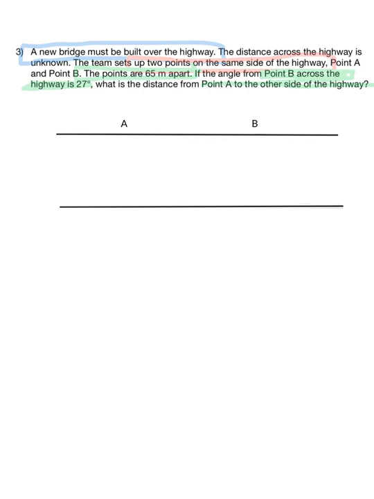Alright. From the question, we're told that they are 65 meters apart. Well, that would mean that from here to here is 65 meters. And we want to build a bridge that goes across. So, we're going from point A to the other side of the highway.